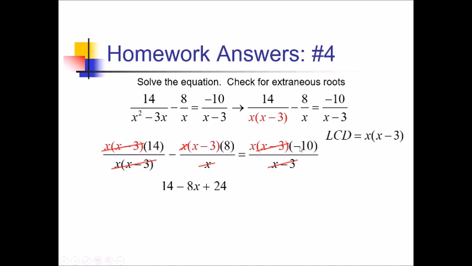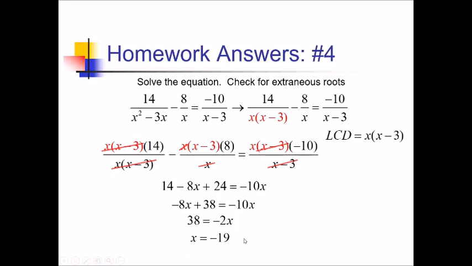And now over here we have an x, we have a negative 10, so that's a negative 10x. And then on the left side, I can combine the 14 and the 24 for a 38. And I can also add the 8x over to the right side. That'll be negative 2x over there. And then finally, to get x by itself, let's divide by negative 2. So that's going to be negative 19.